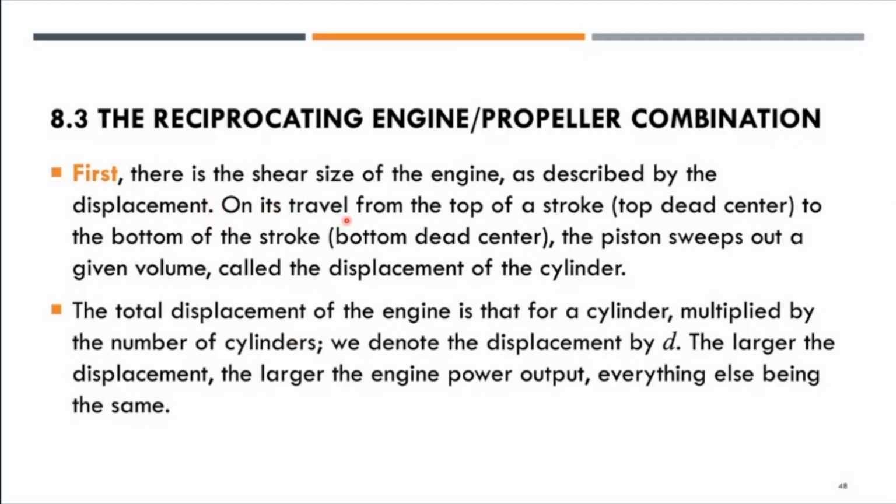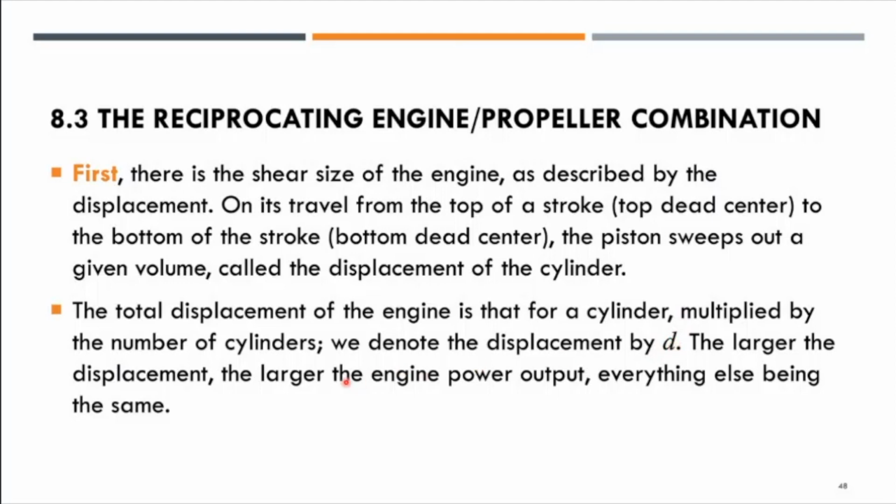In its travel from the top of the stroke, top dead center (TDC), to the bottom of the stroke, bottom dead center (BDC), the piston sweeps out a given volume called the displacement of the cylinder. The total displacement of the engine is that of one cylinder multiplied by the number of cylinders. We denote the displacement by D.